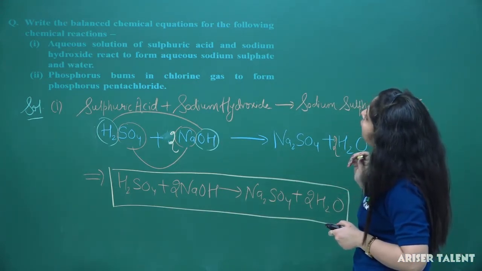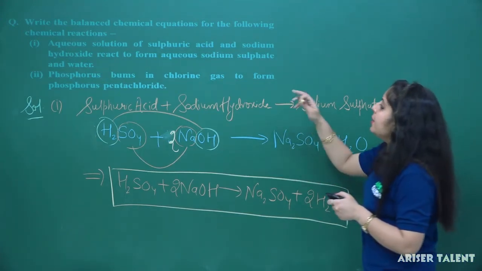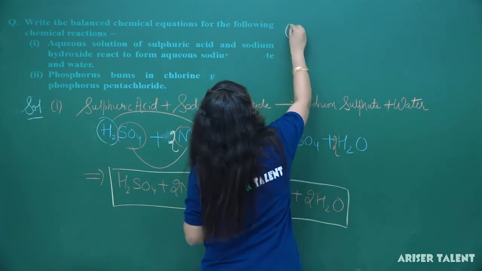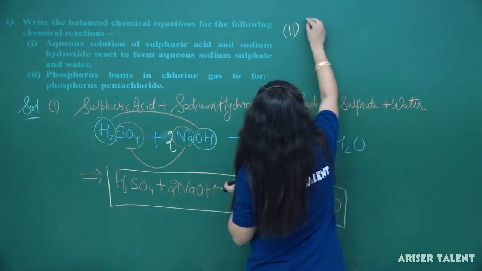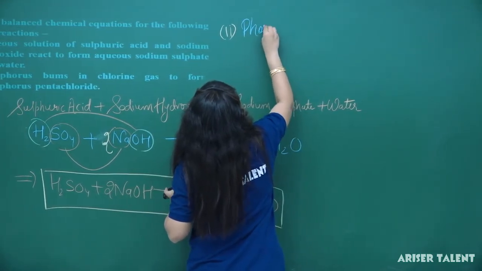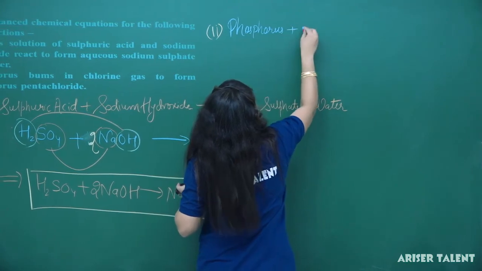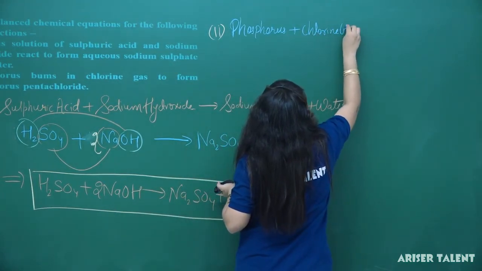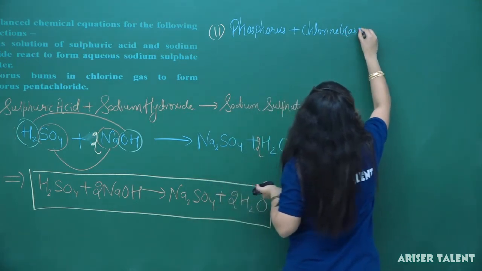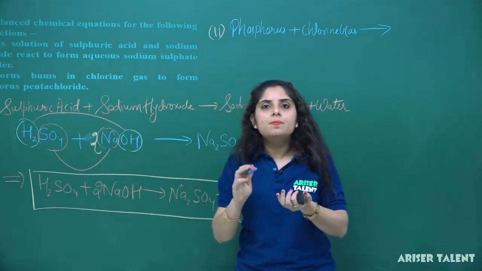Phosphorus burns with chlorine gas to form phosphorus pentachloride. Now we have to write the balanced equation for question number 2. Phosphorus burns in chlorine gas. We have phosphorus. Second, we have chlorine gas. What product are we obtaining here? We will get phosphorus pentachloride.